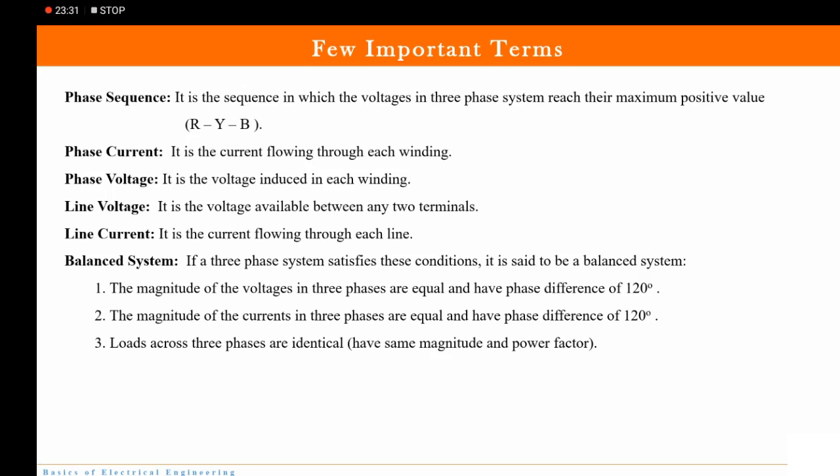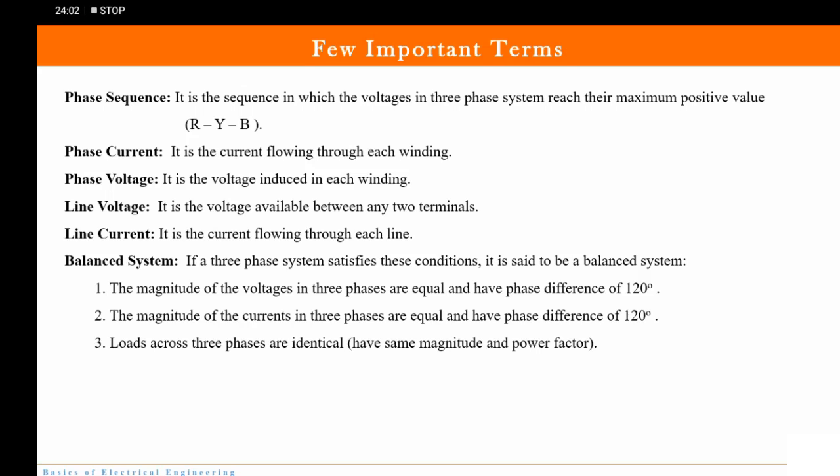So a system is balanced when the magnitudes of the voltages in three phases are equal and they have a phase difference of 120 degrees. We cannot change it. It has to be 120 degrees and the magnitude has to be the same.